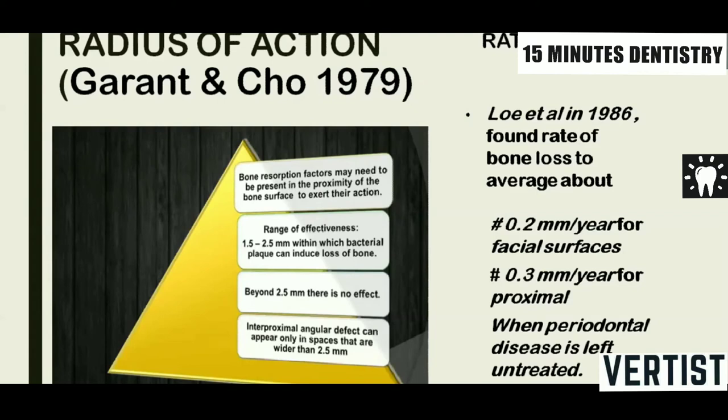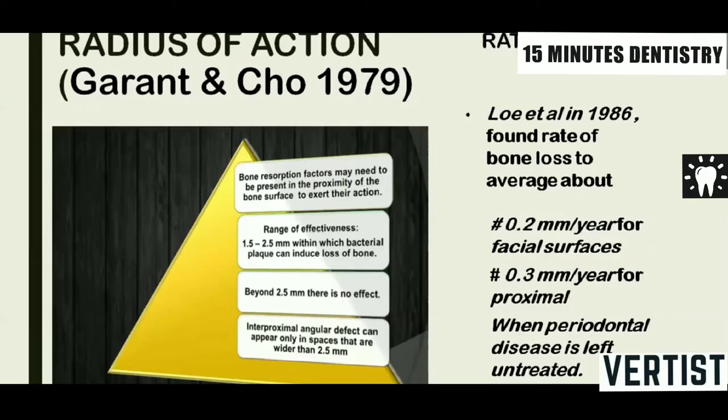Now, the rate of bone loss is 0.2 mm facially and 0.3 mm per year proximally, which has been seen when periodontal disease was left untreated. This study was done by Loe et al. in Sri Lankan laborers, and these patients were asked not to brush at all, not to maintain oral hygiene, not to take any dental treatment and all that.